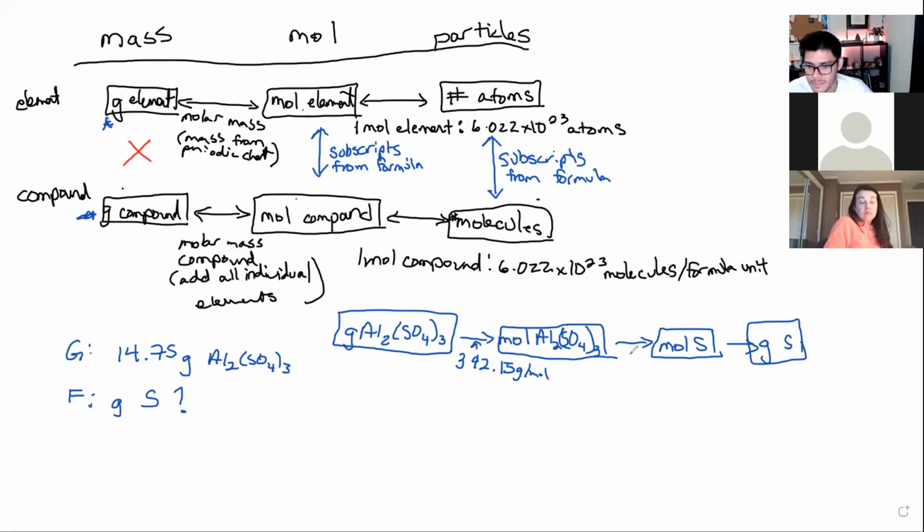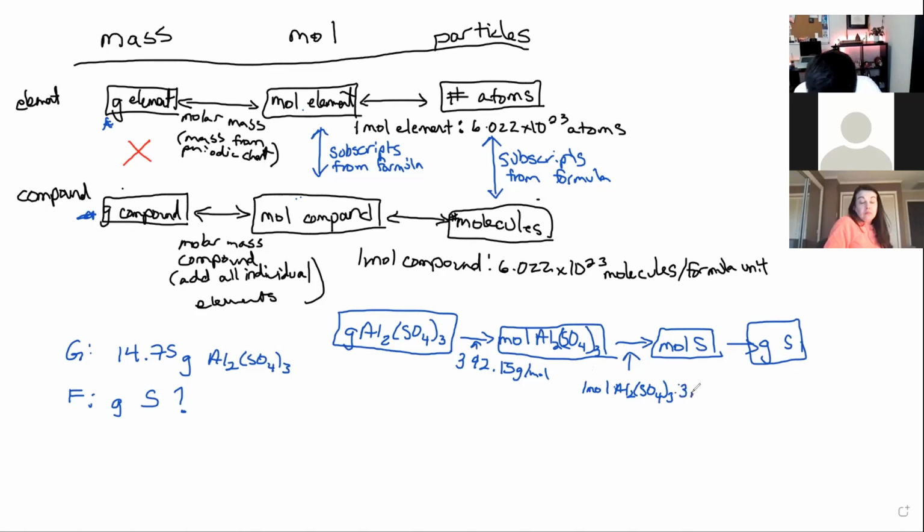What is the relationship between moles of the compound and moles of sulfur? That's this step here. That's going from here to here. So that's where we use the subscripts. So for this given problem, 1 mole of the Al2(SO4)3 is going to yield how many moles of sulfur? Well, look at the subscript for sulfur. It is 3.